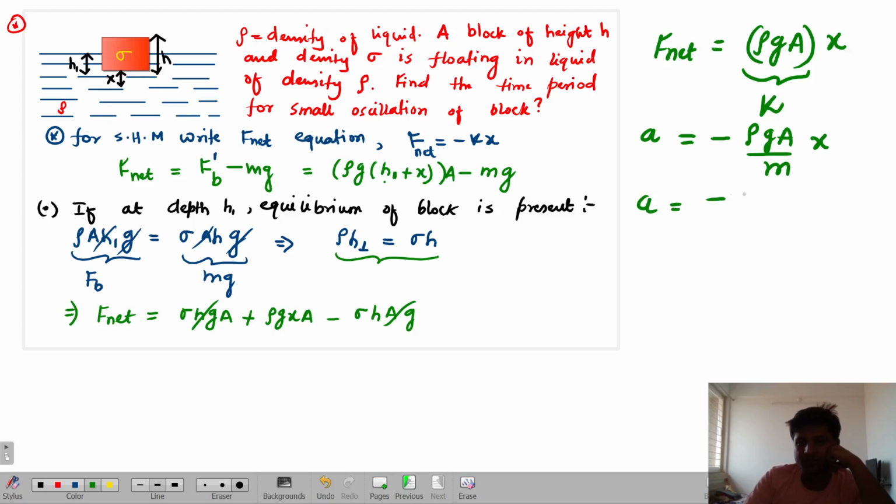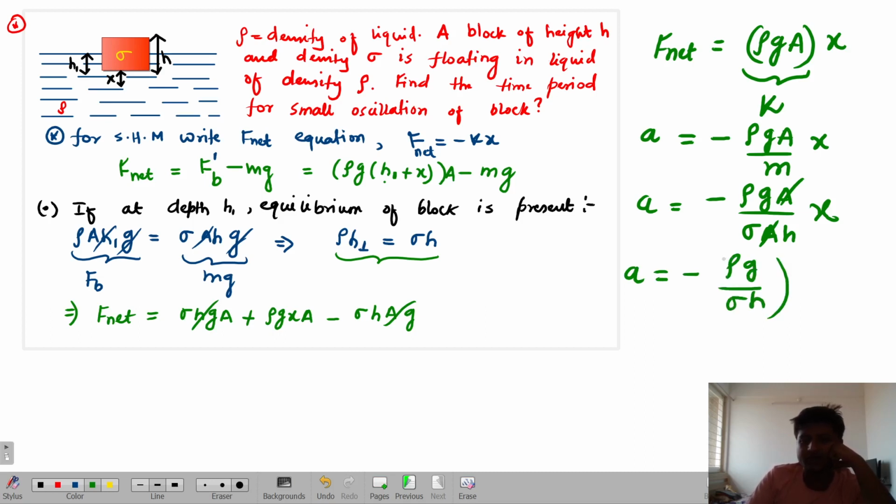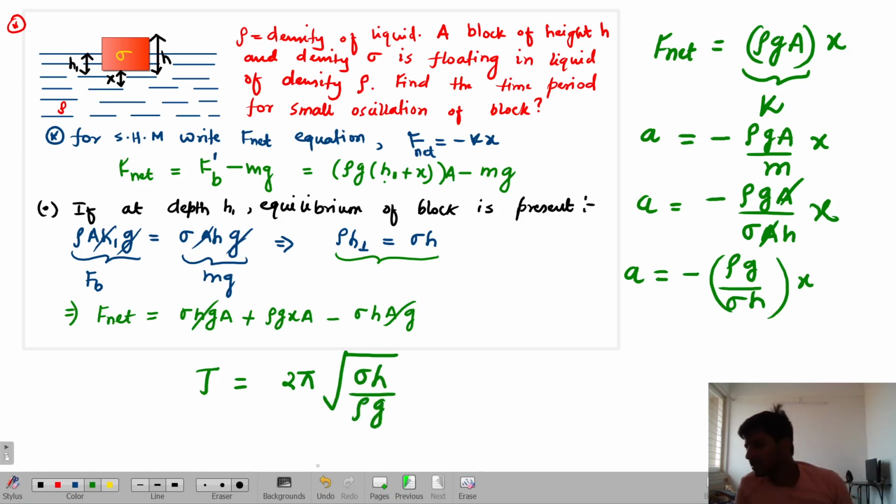Mass is sigma into volume, A into h. A cancels. So a is equal to minus rho g by sigma h into x, and that is why time period is 2 pi root under m by k. यही होता है ना? इसका opposite हो जाएगा sigma h by rho g. Are you able to get me or not? So this is my time period of a small oscillation.